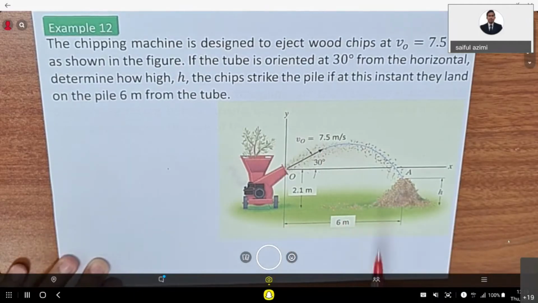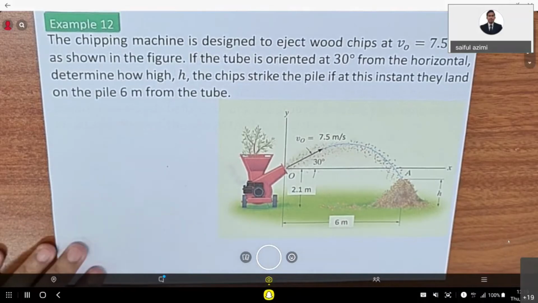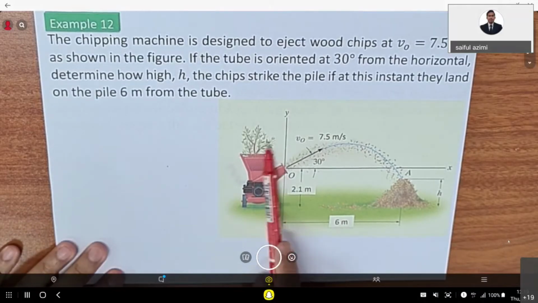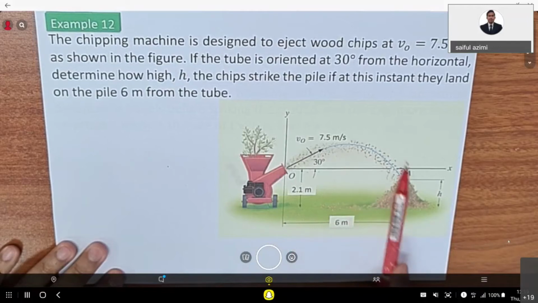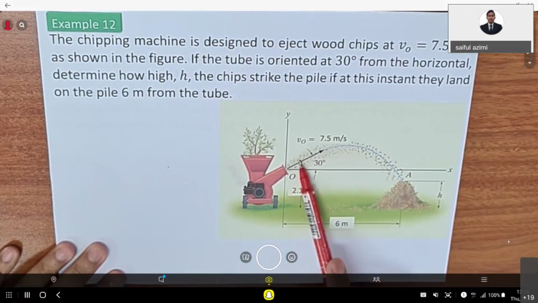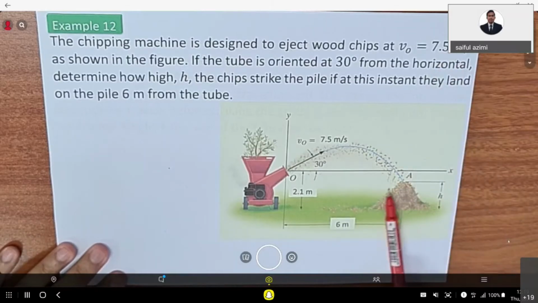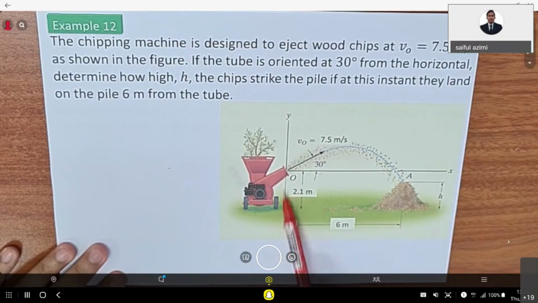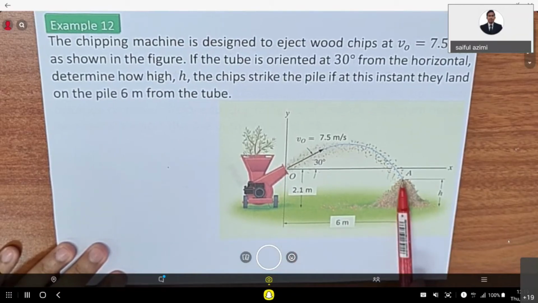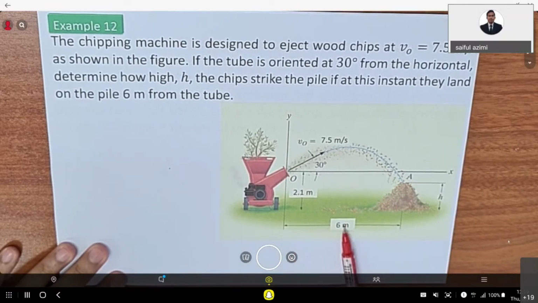So they ask you, we have a chipping machine. It ejects wood chips with the velocity of ejection of 7.5 meters per second. And then the chip is collected here. The distance between the machine and the wood chips is 6 meters, which is the horizontal distance.